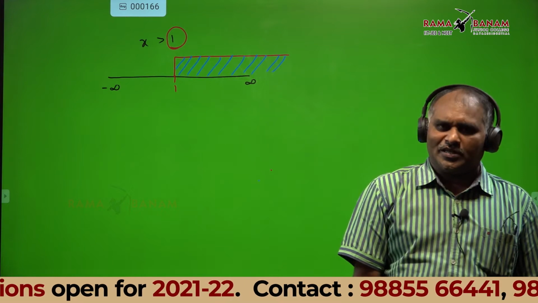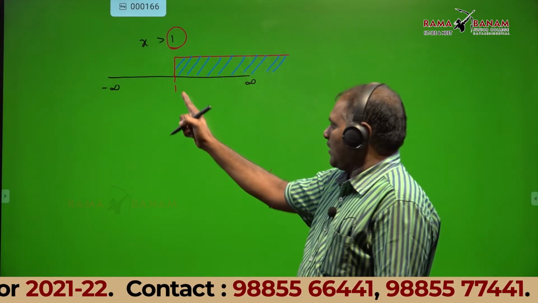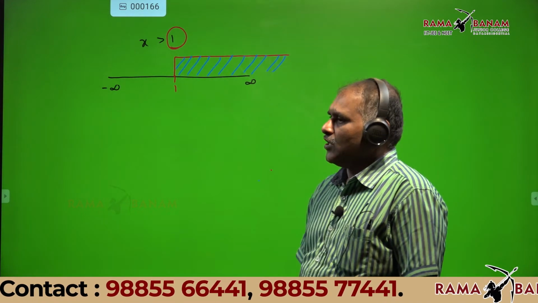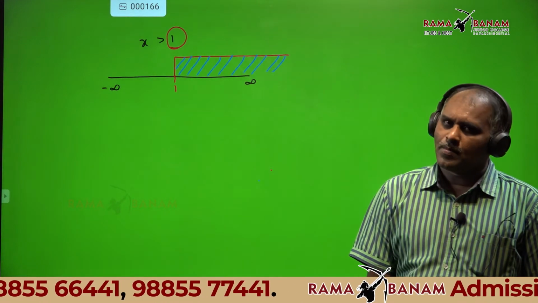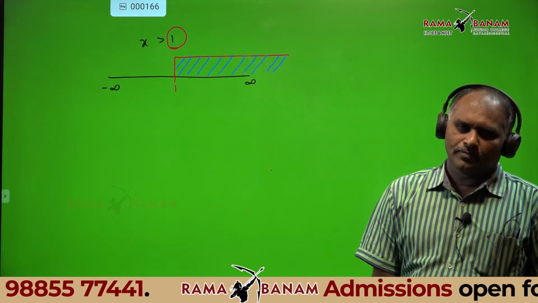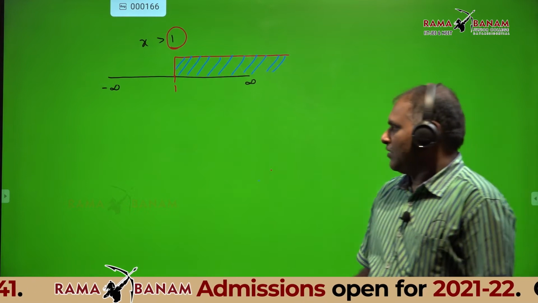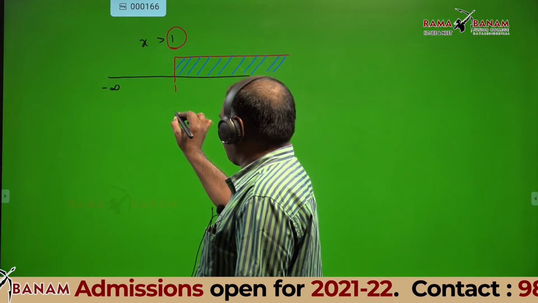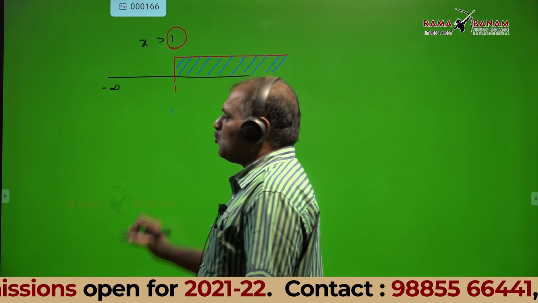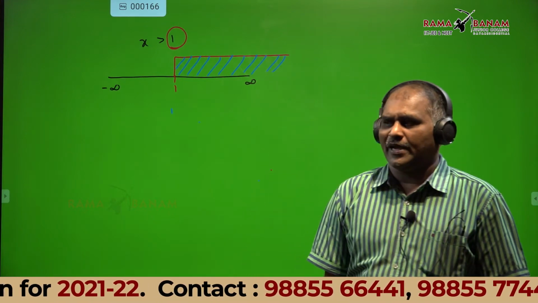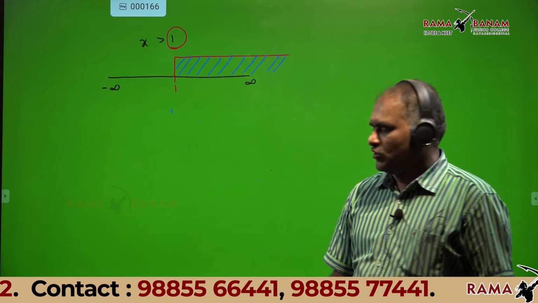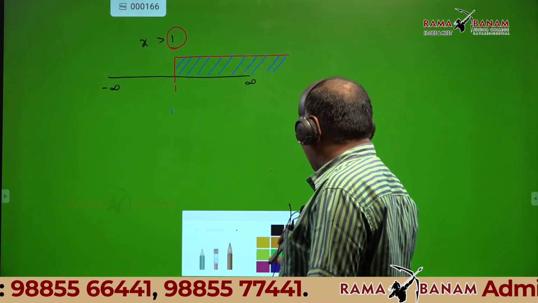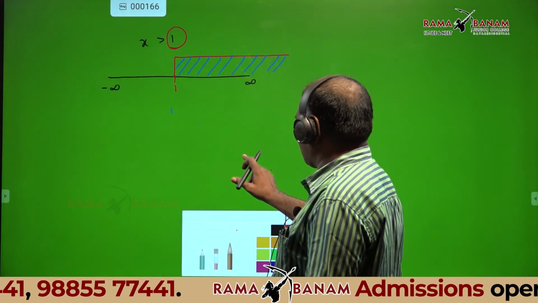This part is called an interval. How to write that interval? Here observe, 1 to infinity. What is the least value? 1.00001. You cannot write 1.000 something, so you can write 1 only.